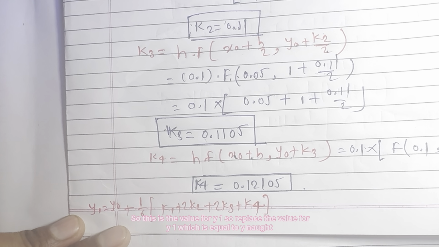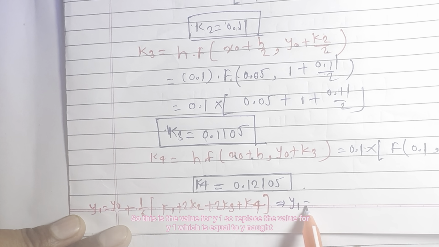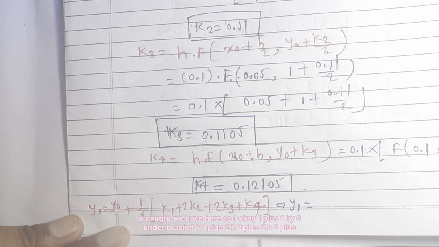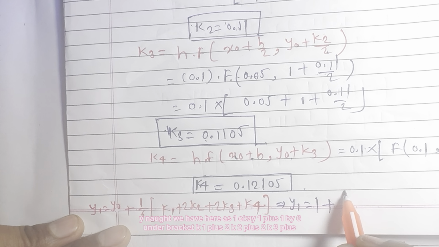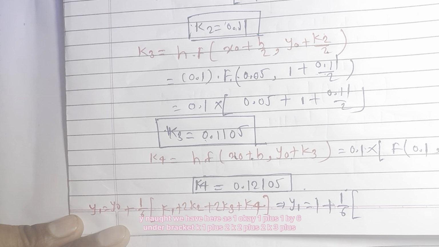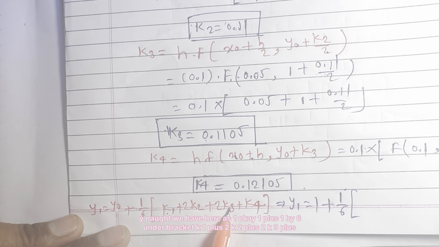This is the value for y1. So replace the values: y1 is equal to y0, and y0 we have here as 1, plus 1 by 6 in brackets K1 plus 2 K2 plus 2 K3 plus K4.